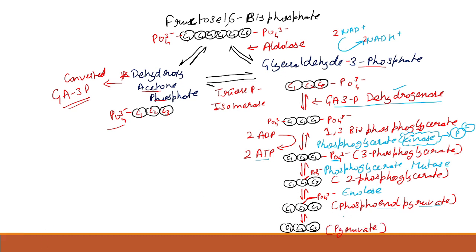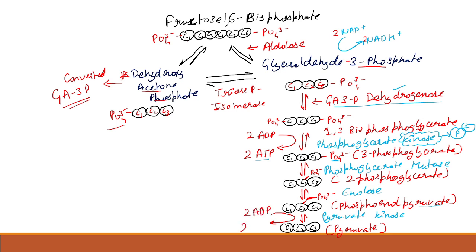Now in the last step we will be generating a pyruvate and will remove this phosphate group. So the enzyme involved in this process is known as pyruvate kinase. And because we are removing a phosphate group, we are generating an ATP also, because this phosphate group will be passed onto one ADP molecule.